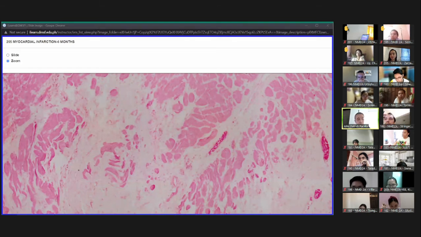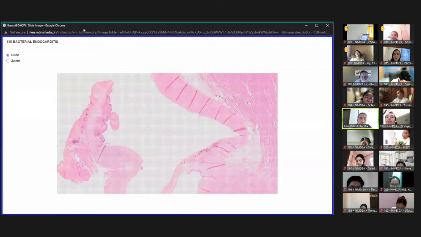Next, we have, I think this would be the pericarditis. So for pericarditis, bacterial muna tayo. Bacterial endocarditis. Okay, so this is in the book, this would be falling under infective endocarditis or IE.